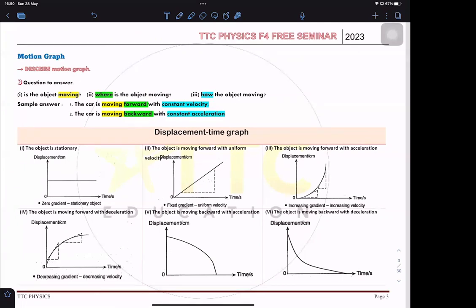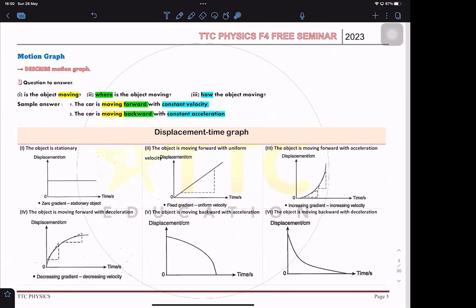Where is it moving? Is it moving forward? Is it moving backwards, in the opposite direction? And how is it moving? That's the most important part. Is it moving faster and faster? Is it moving with a constant velocity? All this you need to be able to answer, then you can know how to describe the graph.